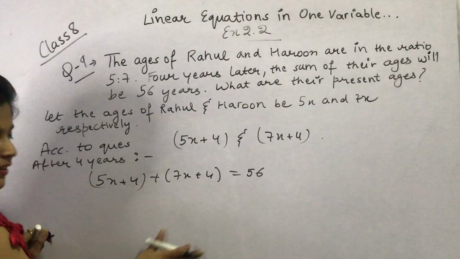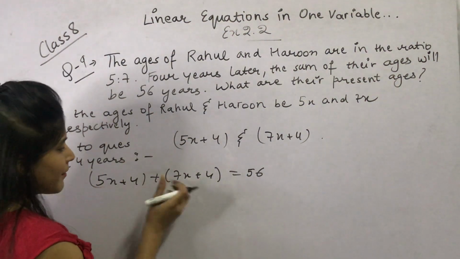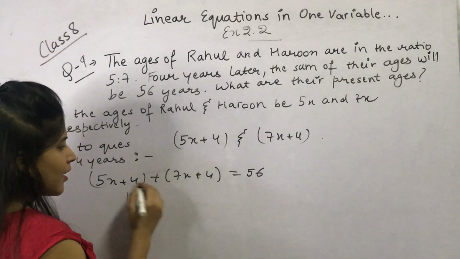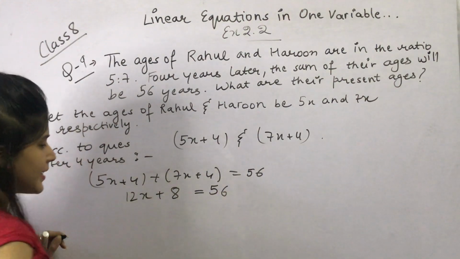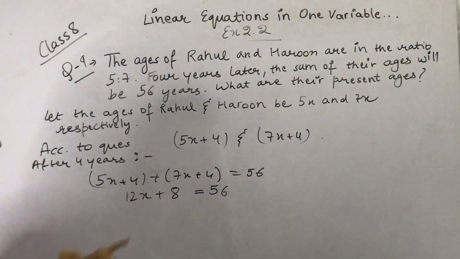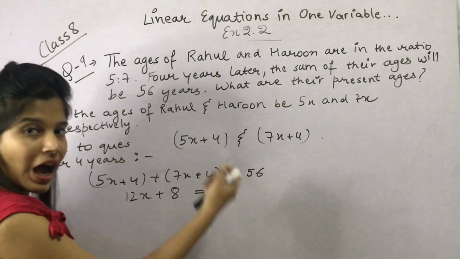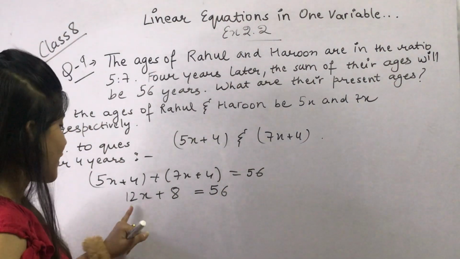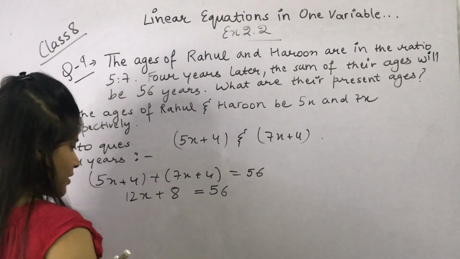So 5x plus 7x, everything is in plus so we are simply adding. Okay? 5x plus 7x is 12x. 4 plus 4 is 8 equals to 56. Now to calculate the value of x, we will transpose 12 and 8 on the RHS, but before transposing 12, we will be transposing 8 because it is a constant term.